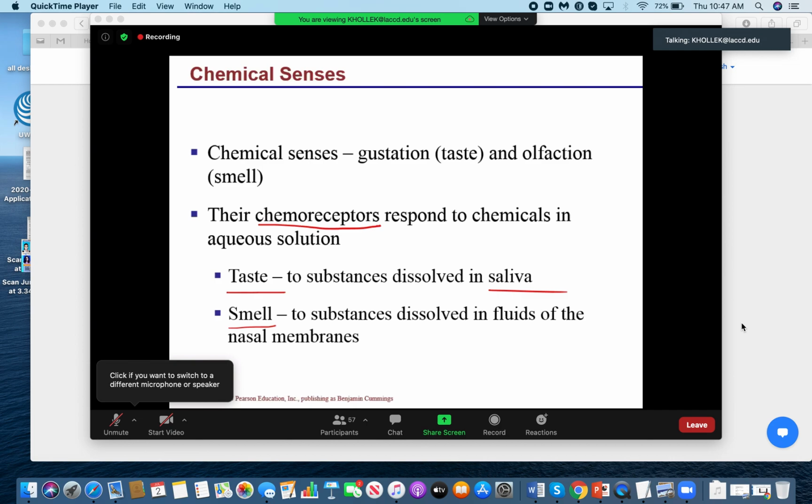The substances must dissolve in the fluid of the nasal membrane, whether it's your favorite aftershave or perfume, or the smell of the flower or the food. All of those enter the nasal cavity, and in there is a lot of mucus lining, which you learned in anatomy.